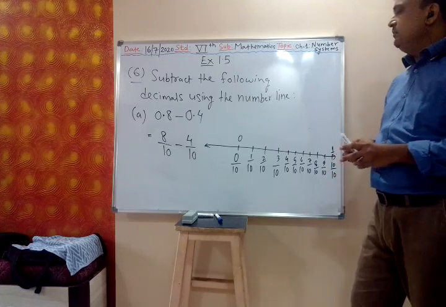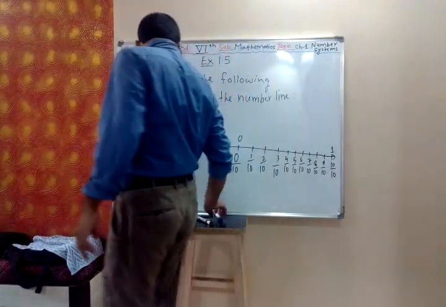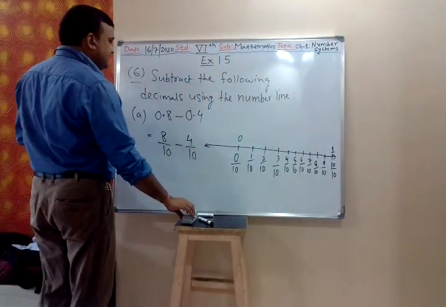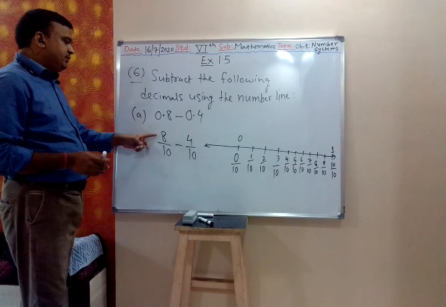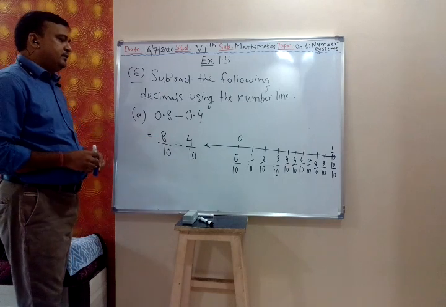So now we have divided the number line between 0 and 1 into 10 equal parts. Now first we represent 8 upon 10.